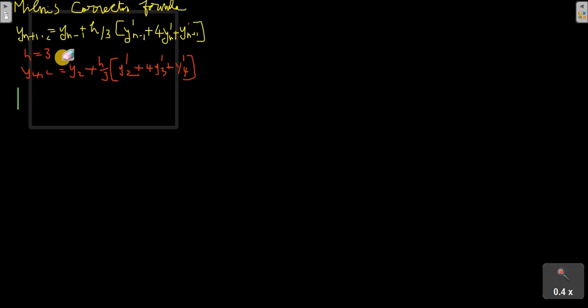This is the equation we get when n equals 3.